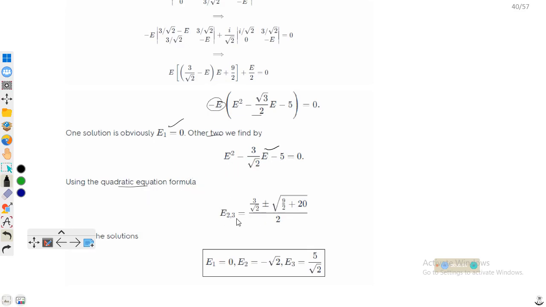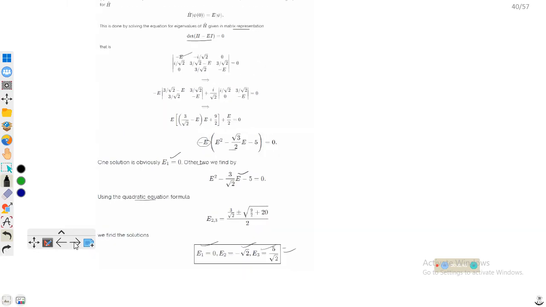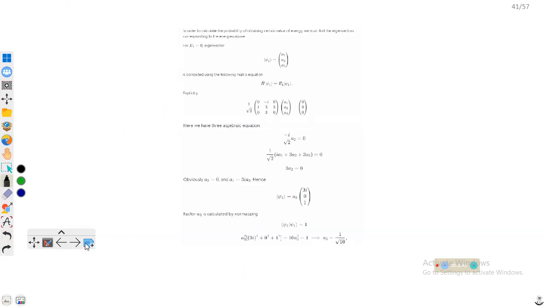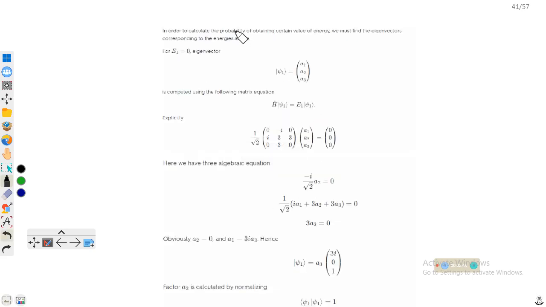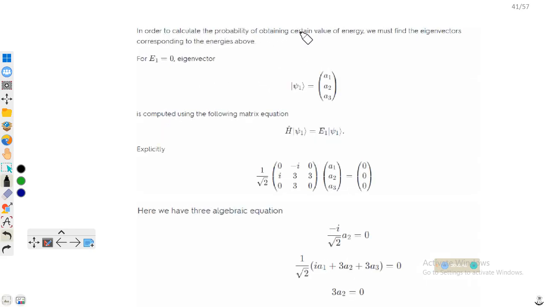Using the quadratic formula, this will give us E1 equal to 0, E2 equal to this, and E3 equal to 5 under 2. So we have obtained the eigenenergies E1, E2 and E3.